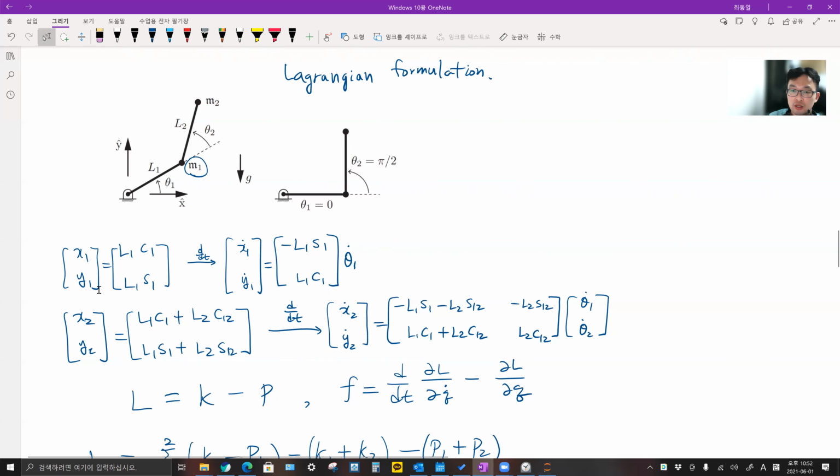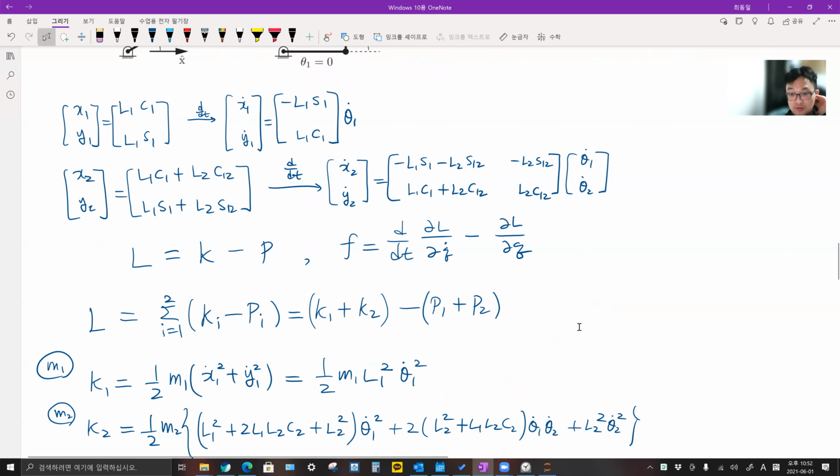And x1 and y1, the position of x1 and y1 becomes L1 cosine theta 1, L1 sine theta 1. And if we take the time derivative, it becomes like this. And x2, y2 becomes like this. And if we take the time derivative, x2 dot, y2 dot becomes like this. And from the Lagrangian function, K minus P is L, and the generalized force becomes like this.